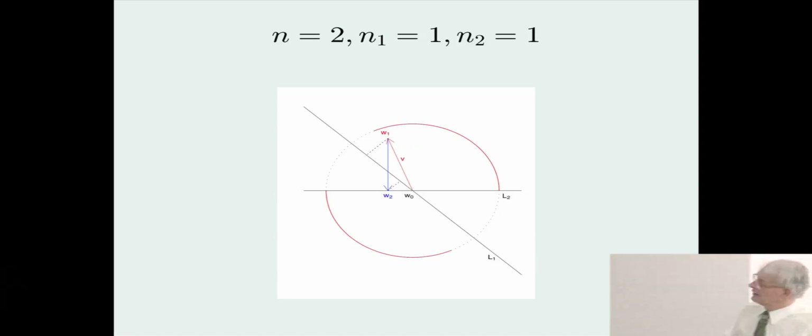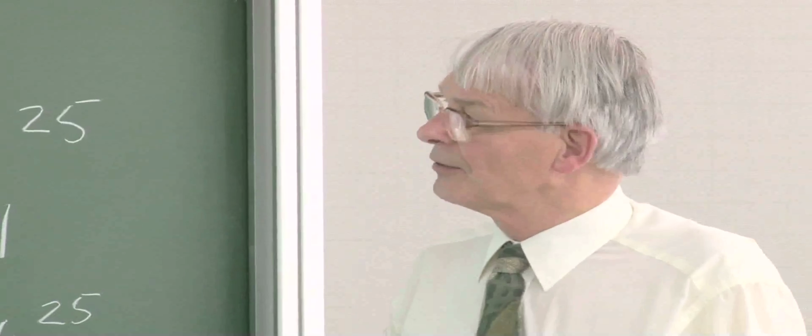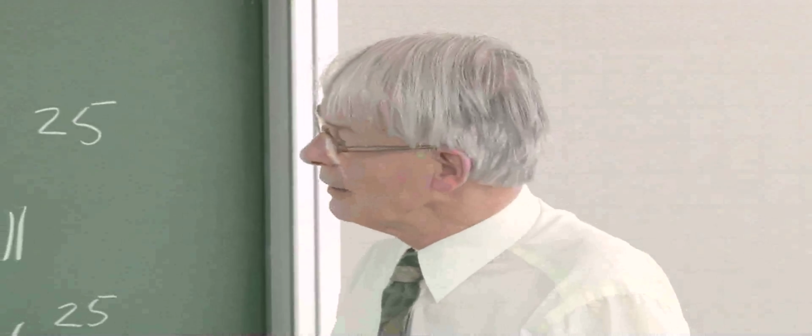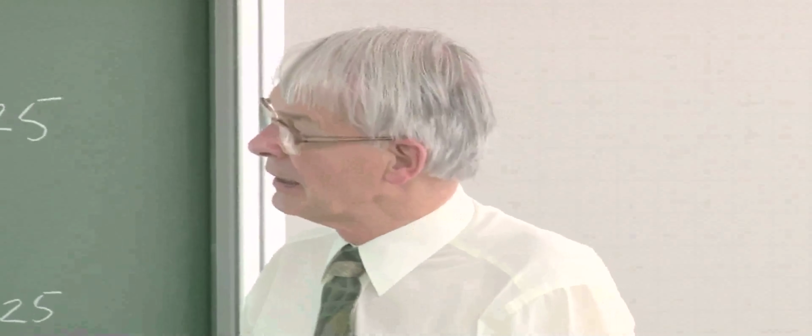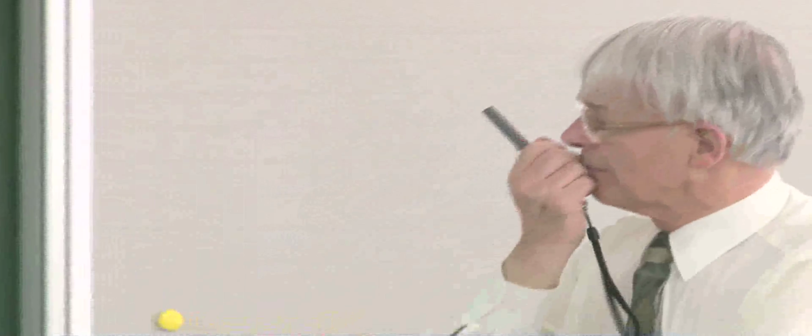So in this picture, you'll see that the amount of red round the circle is big. It's bigger than the amount of black. And that means that the probability of free lunch learning is positive. Now, of course, the only thing I've allowed here to be random is V. It's a random vector. Later, I shall allow both these lines to be random.